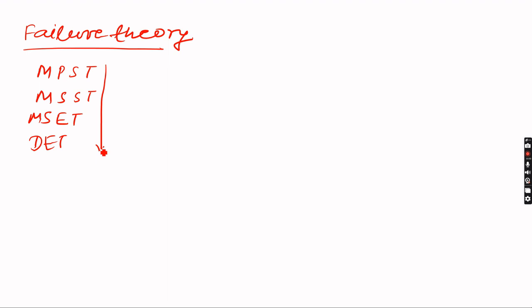All these types of theories are there, and we are going to study them one by one. Maximum strain theory, like that. So we are going to discuss all of them one by one.